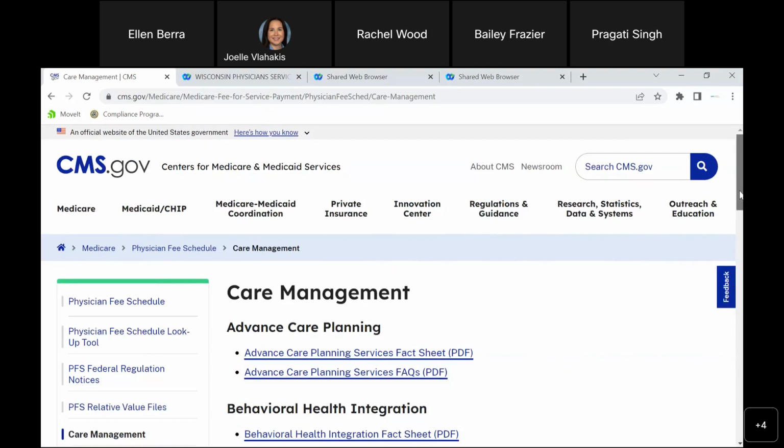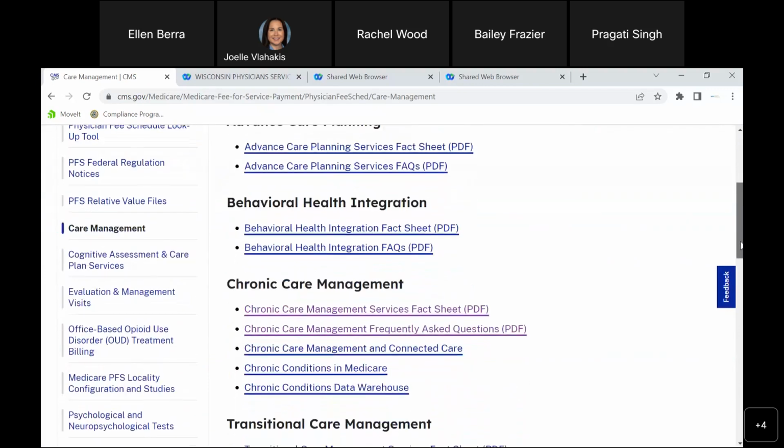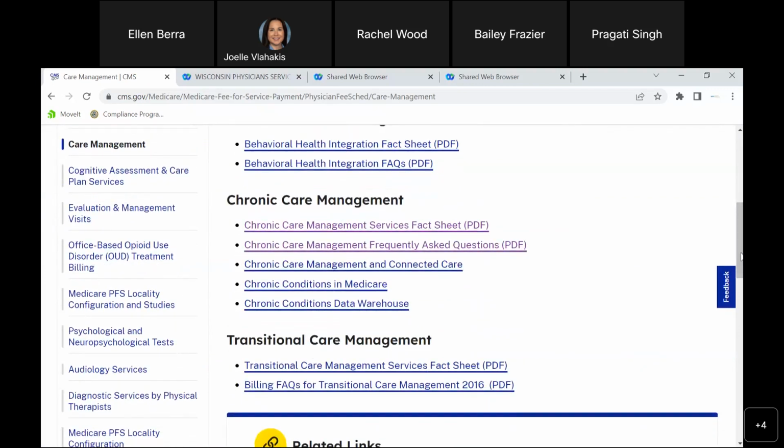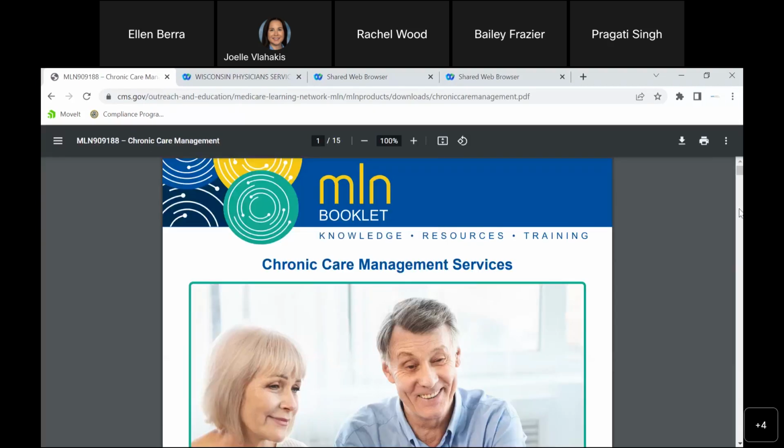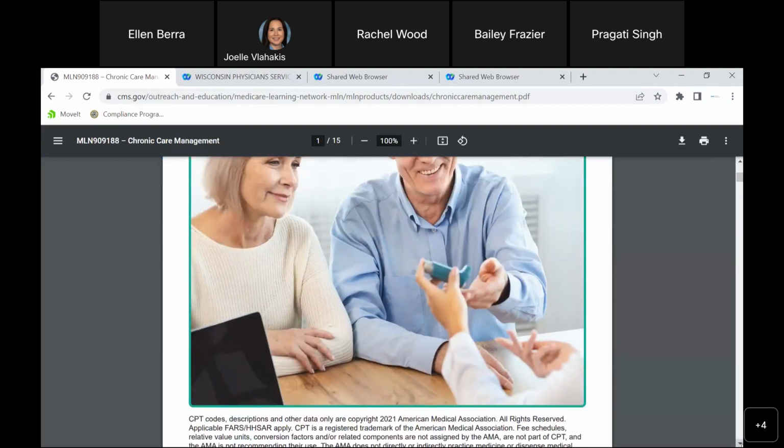As you scroll down, you can see there are a lot of different care management items, but we're going to go into the Chronic Care Management Services fact sheet by CMS. This provides the latest information that CMS has available on chronic care management services.